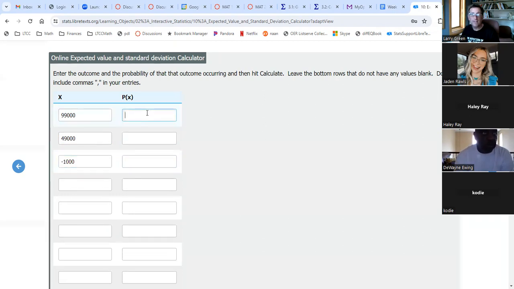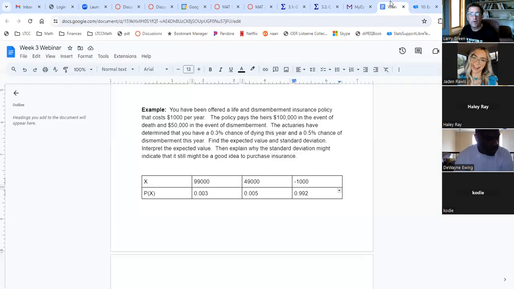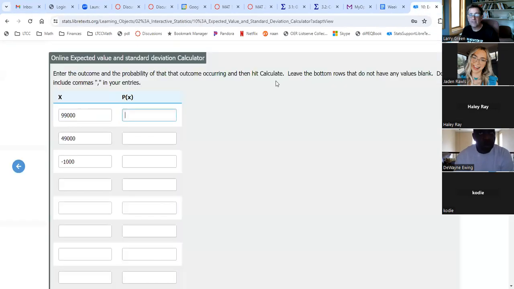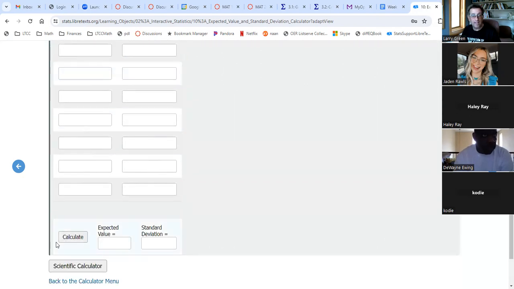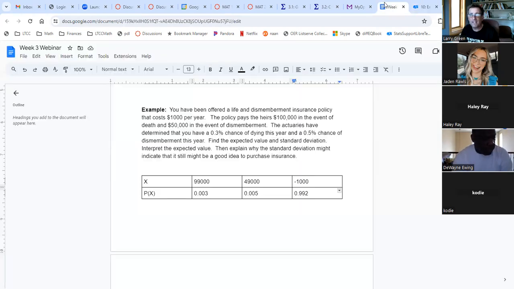The P of x values were 0.003, 0.005, and 0.992. And I just hit calculate. And my expected value is negative 450.